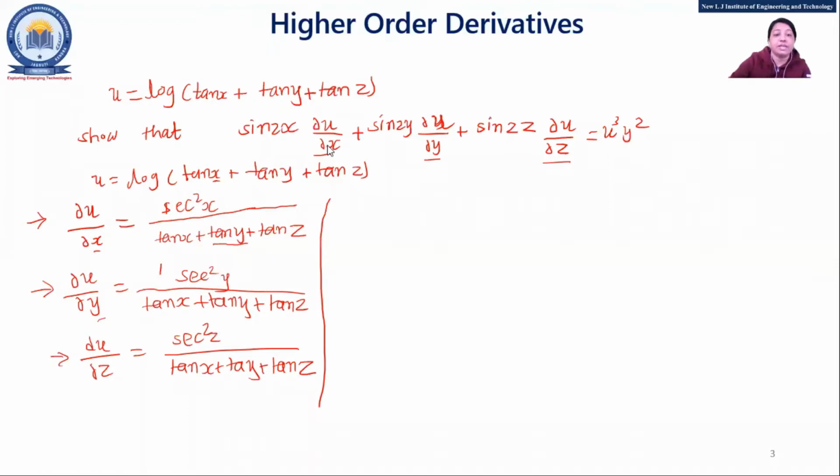These all things are in terms of x, and here you have sine 2x. So I'll start with the LHS. The LHS is sine 2x into del u by del x. Just put the value of that, and what should be written instead of sine 2x, sine 2y and sine 2z?